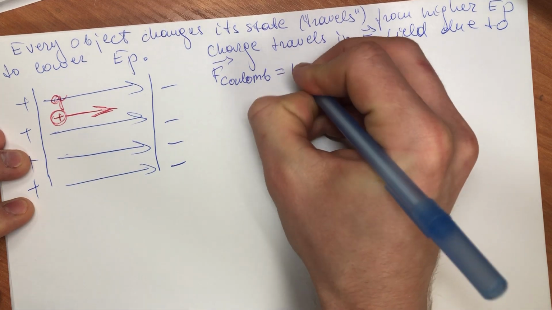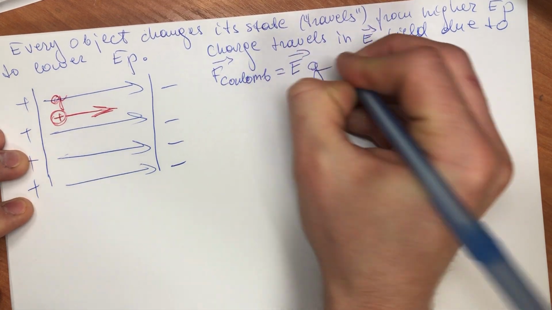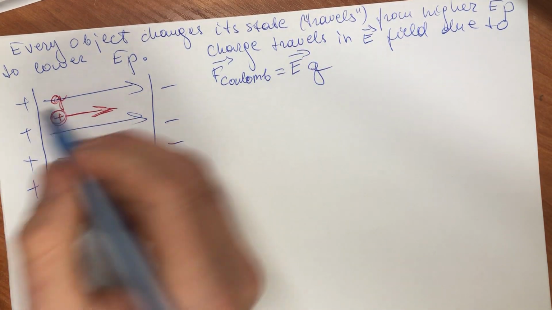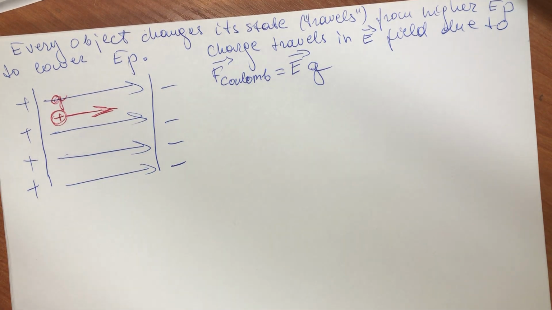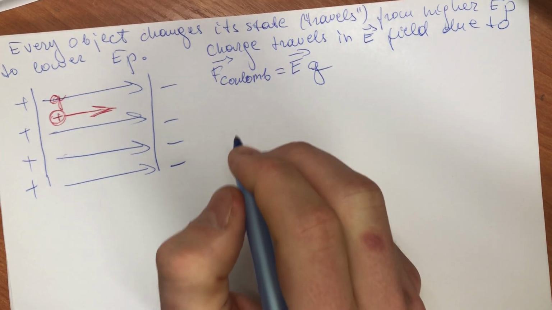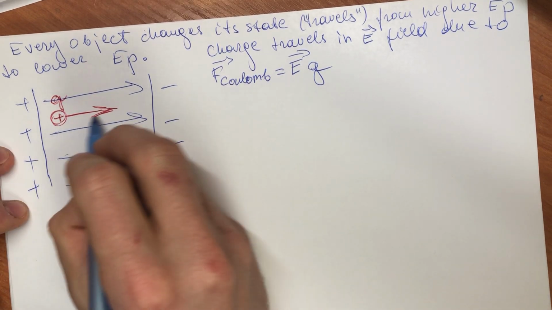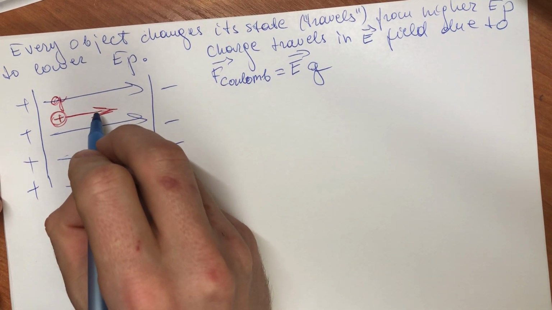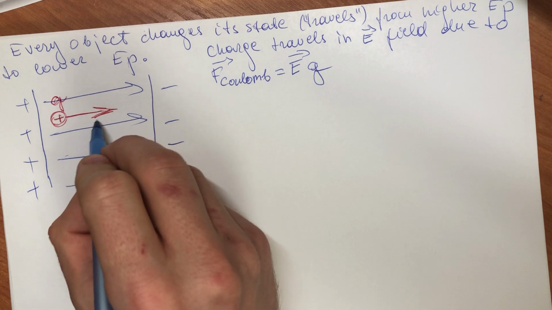This Coulomb force is the electric field times the magnitude of this charge. Because it is affected by the force, it goes here, the same as the box did due to Earth's gravitation.